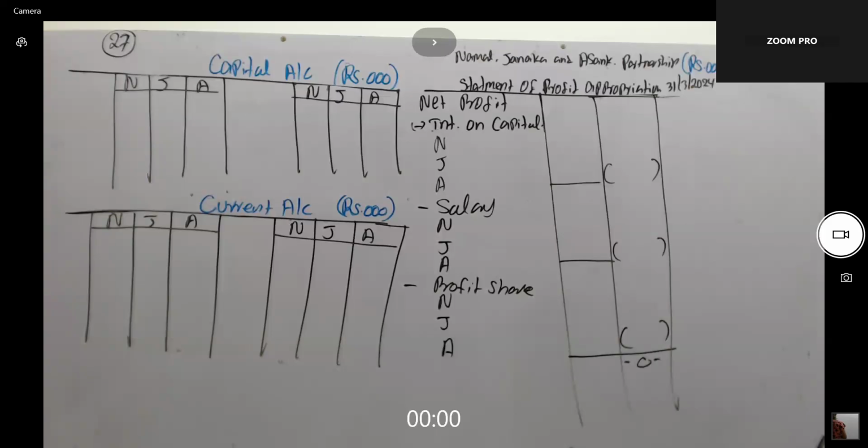Take the balances of partners' capital and current accounts. Drawings are also given, and net profit is also given. Before finding the equity, we must complete the appropriation part first. Reason: the retired partner is also available during the current period.